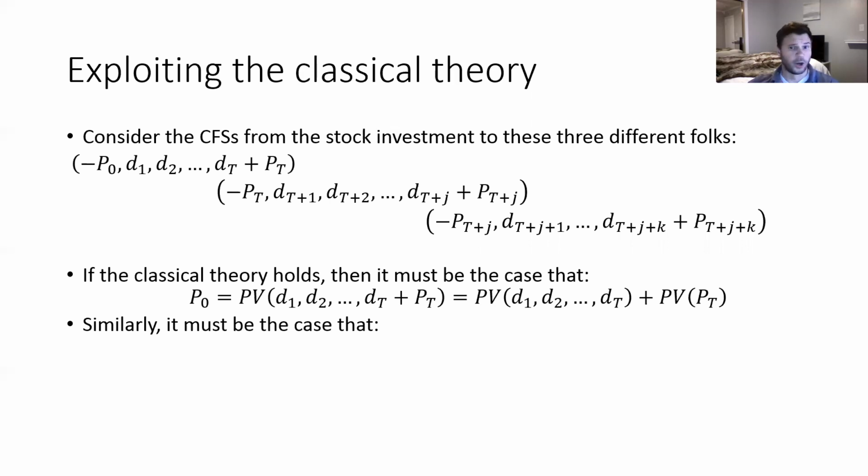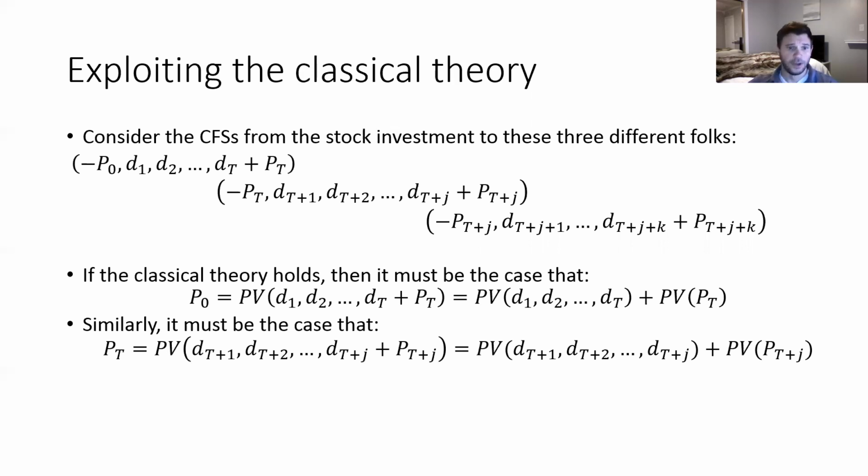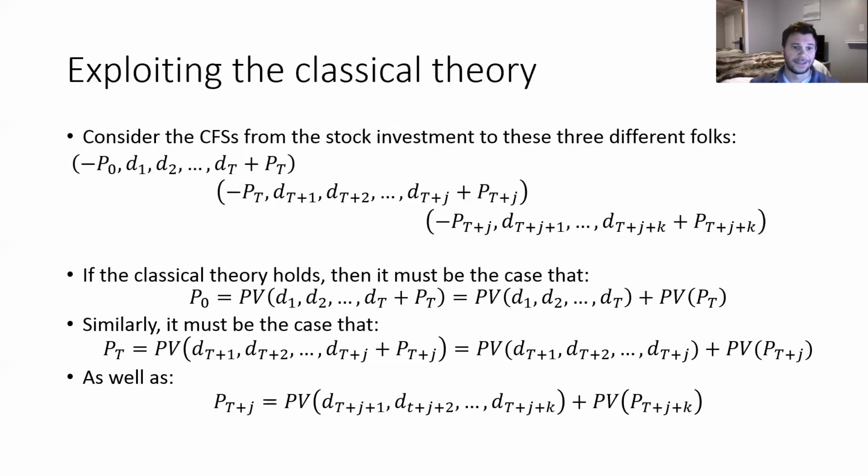Similarly, we can make the same argument for the price in period T from the second individual's perspective. The price in period T has to reflect all of the future dividends and the future price that that individual receives. And similarly for the individual who is buying the stock in period T plus J. Next, we're going to recognize that we can substitute this expression for the price in period T into here, from the perspective of the individual buying the stock at period 0.